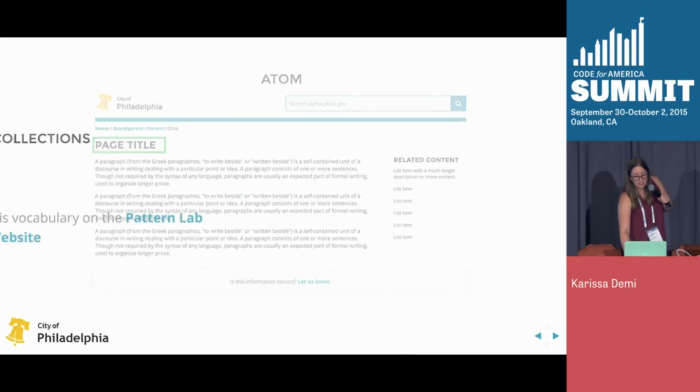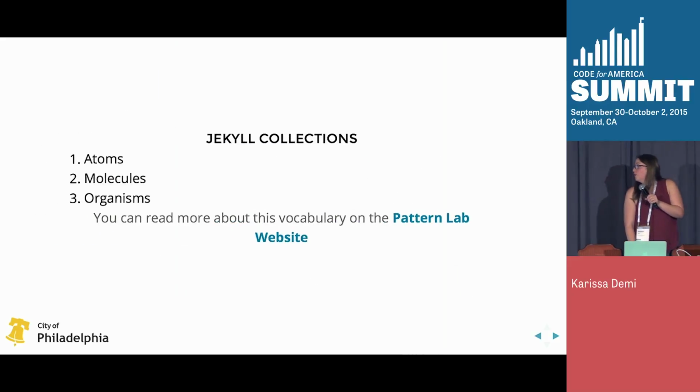So when you look at the Jekyll version of this Pattern Lab that you can view on GitHub, you're really seeing atoms, molecules, and organisms, and those are Jekyll collections. If you're not familiar with Jekyll, that might be an odd term to you, but essentially they're just ways to group things.